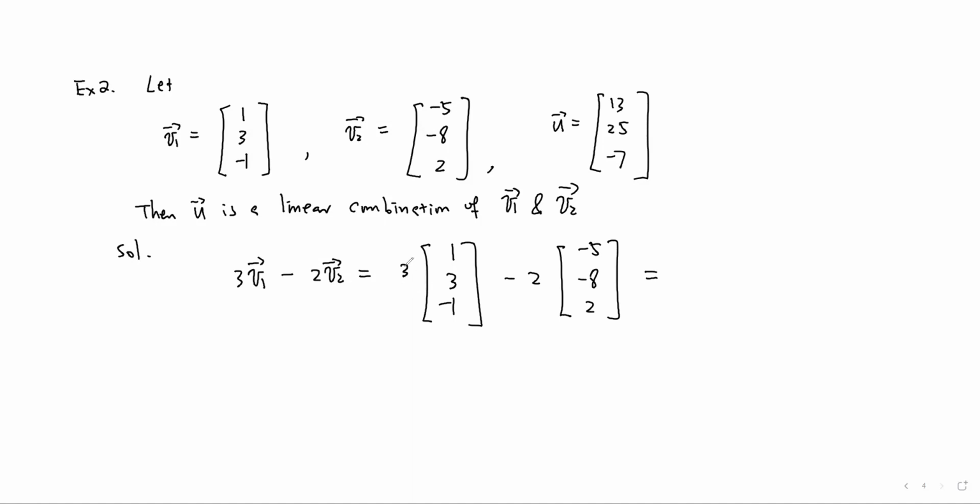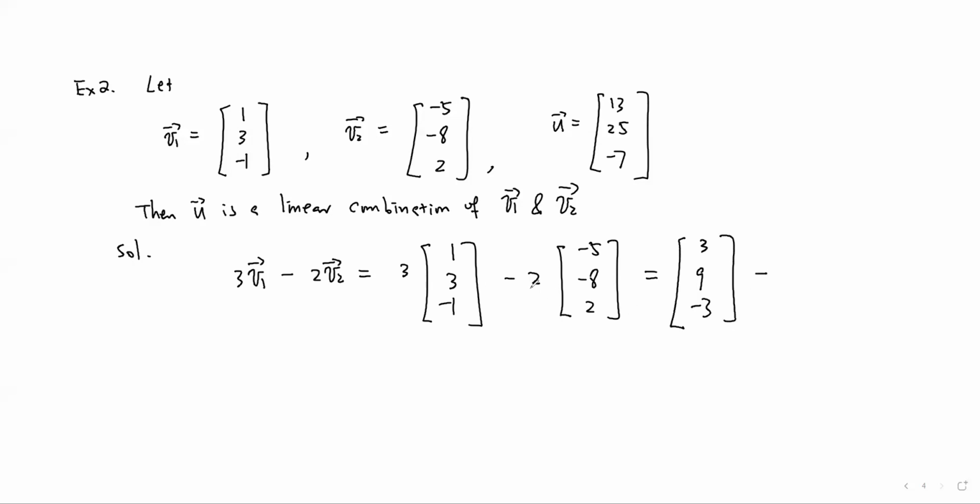A number times a vector is the number times all the entries in the vector. So 3 times 1 is 3. 3 times 3 is 9. 3 times -1 is -3.